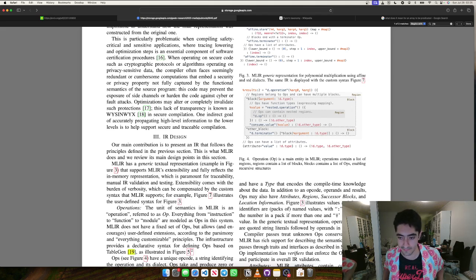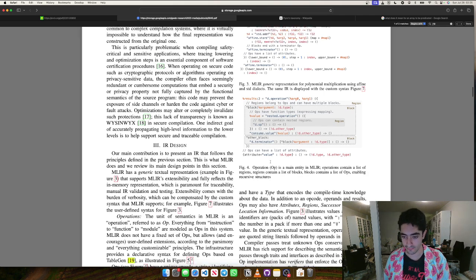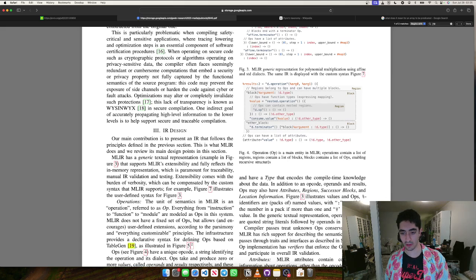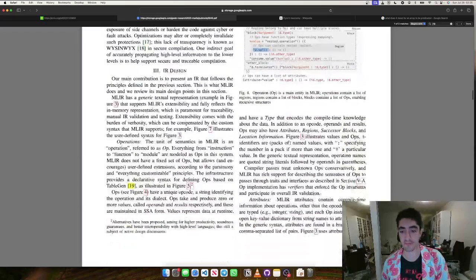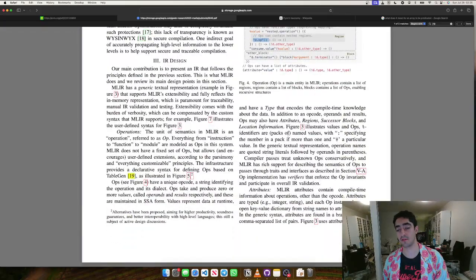Oh, come on. Oh, this is the figure 3. Operation, OP, is a main entity in MLIR. Operations contain a list of regions. Regions contain a list of blocks. Blocks contain a list of operations, enabling recursive structures. And values have a type that encodes the compile time knowledge about the data.